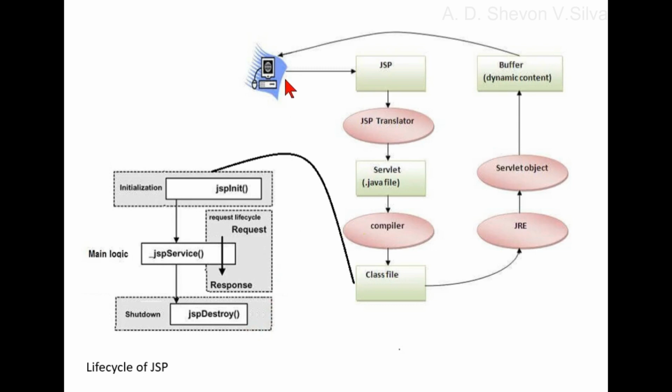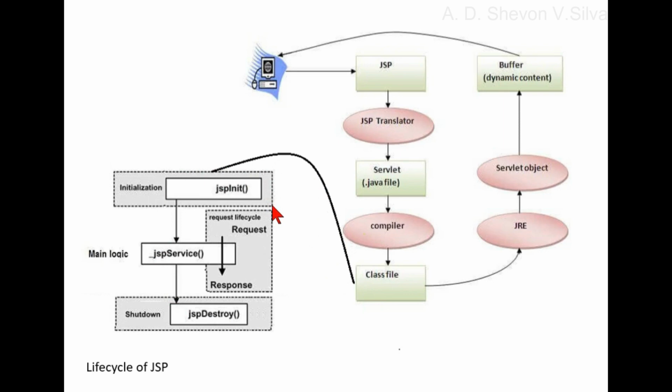Here the client is connected to JSP and JSP is connected to the JSP translator. The JSP translator is connected to the servlet. Here the .java file and servlet is connected to the compiler and the compiler is connected to the class file. Here the class file, and here the initialization.